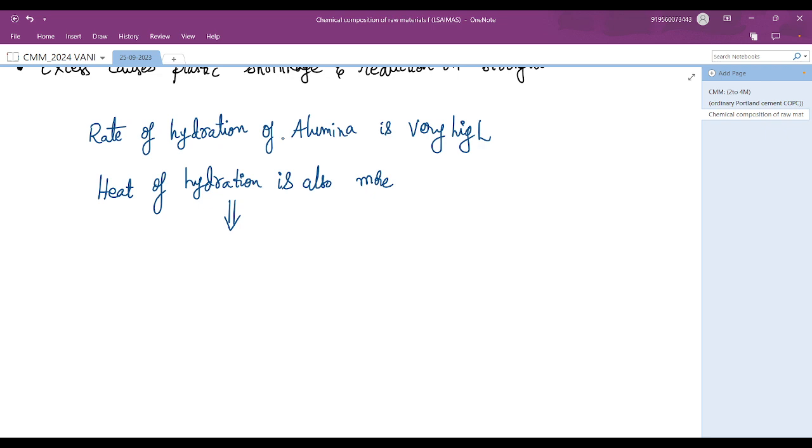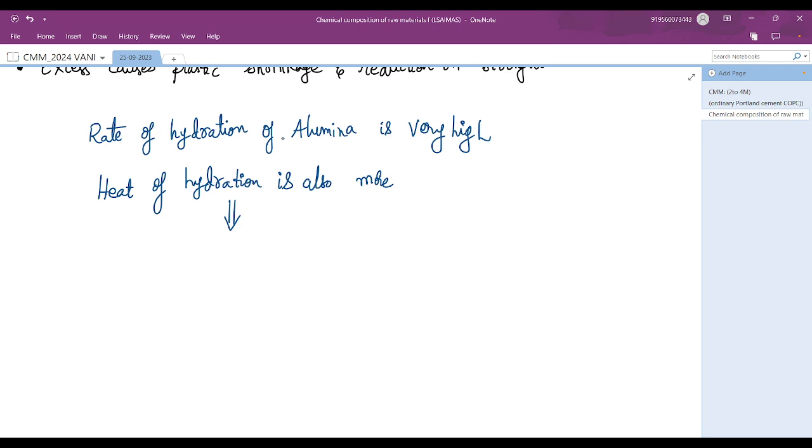So here we add water to the cement by keeping in mind that hydration of total cement should occur. But at first, alumina will react with it, and that reaction rate is fast as well as more heat is evolved.